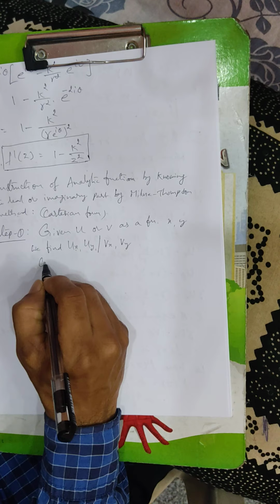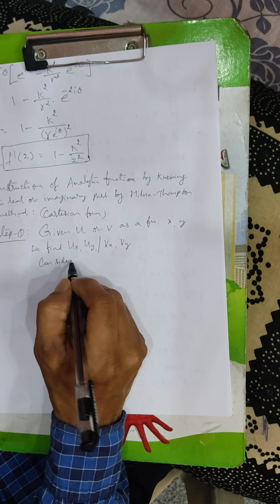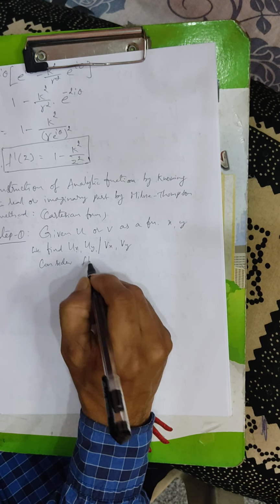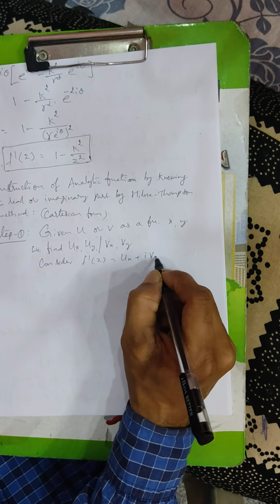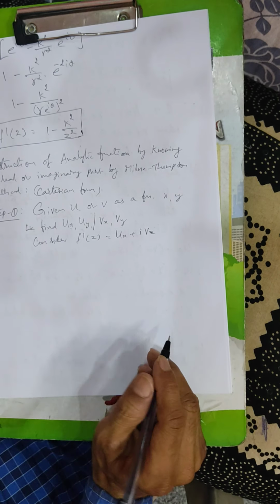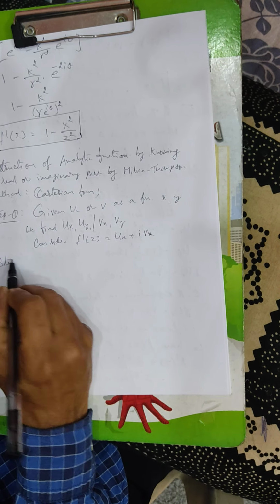And now consider f dash of z is equal to ux plus I vx. Next, step 2.